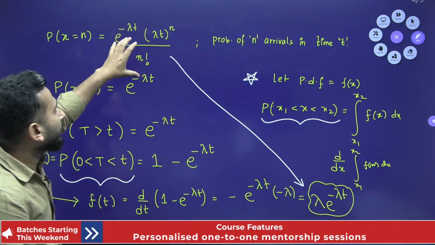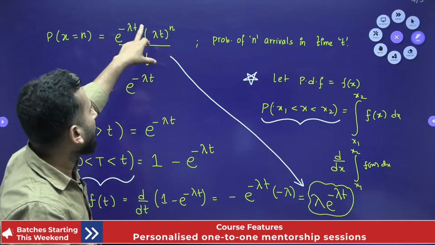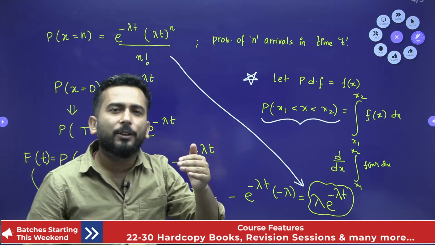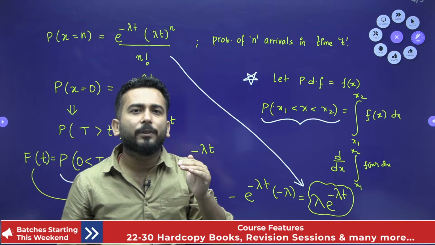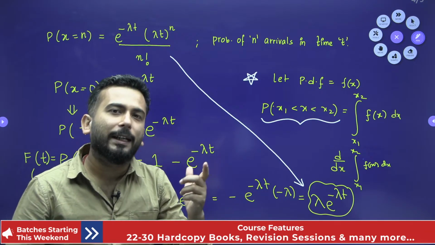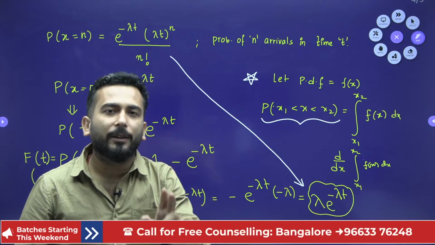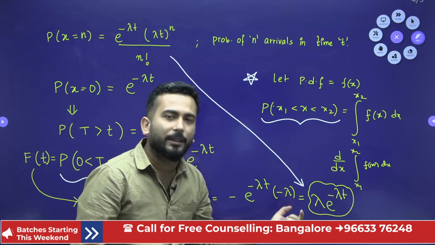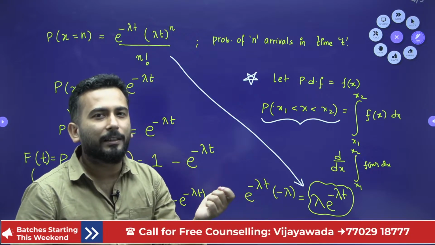What was this function? This function was the probability of n arrivals in time t. Your discrete function, arrivals will be 1, 2, 3, 4, 0, 10, but it won't be 1.5. Why? Because it's a discrete function. But here, my dear friends, this is the time. It's a continuous function.